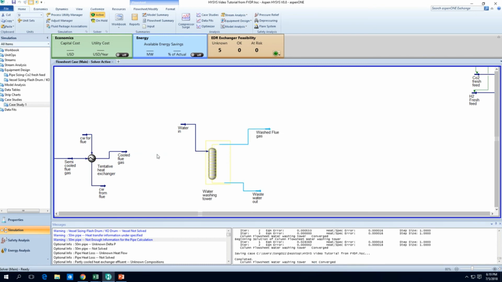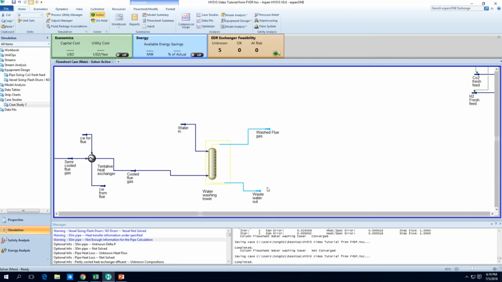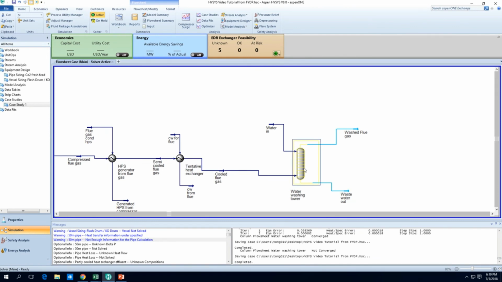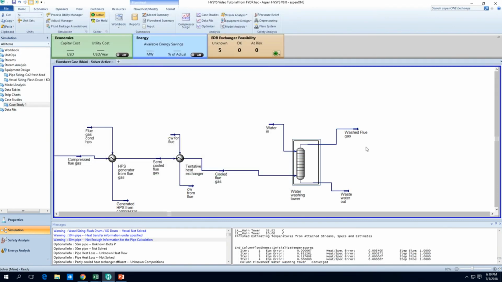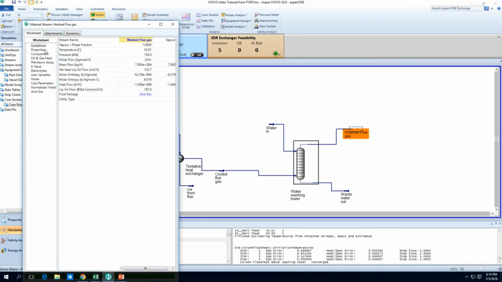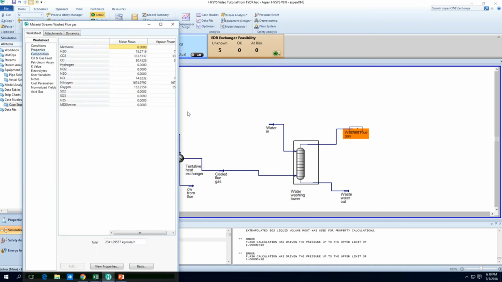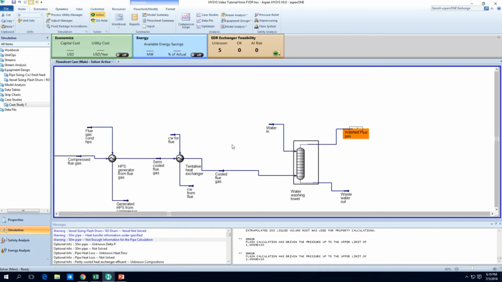Because when this water comes in direct contact with the flue gas, most of the heat is transferred to this water, and the wastewater out will carry the heat away. Okay, let's just run to see whether it converges, and it does converge. Again, minimal SO2, which is good news. So basically it didn't need the cooler.